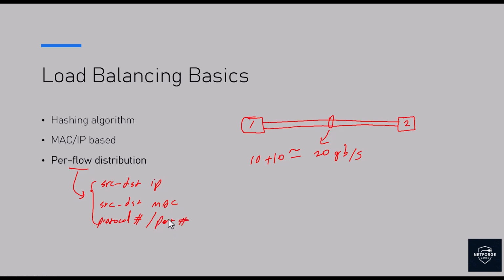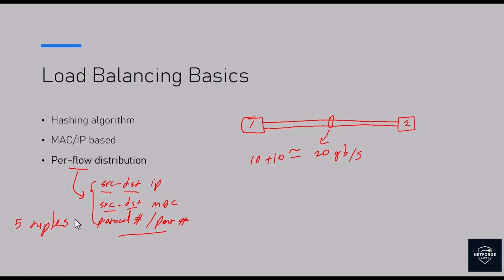So we have 1, 2, 3, 4, and 5 pieces of information. We call it a 5-tuple. So this is going to define a flow.